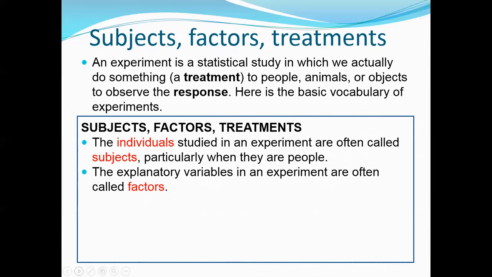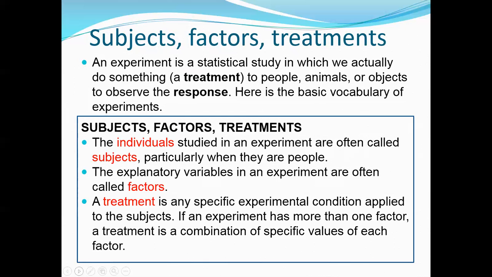The explanatory variables in an experiment are often called factors. A treatment is a specific experimental condition applied to the subjects. If an experiment has more than one factor, a treatment is a combination of specific values of each factor.